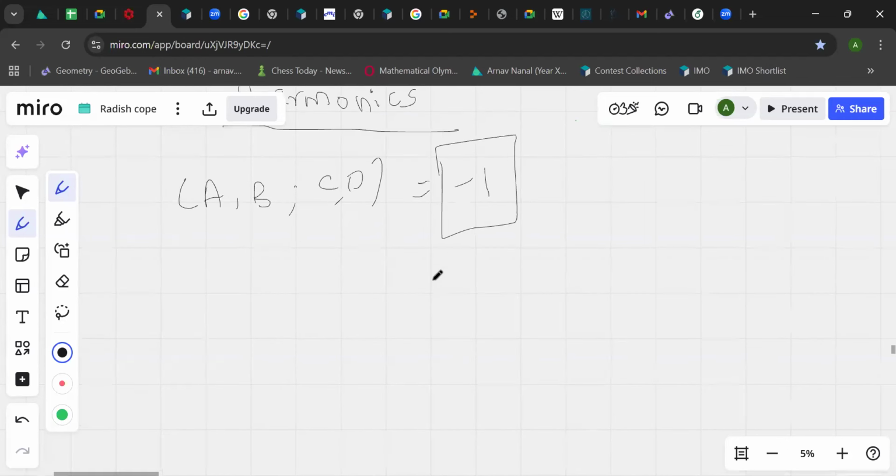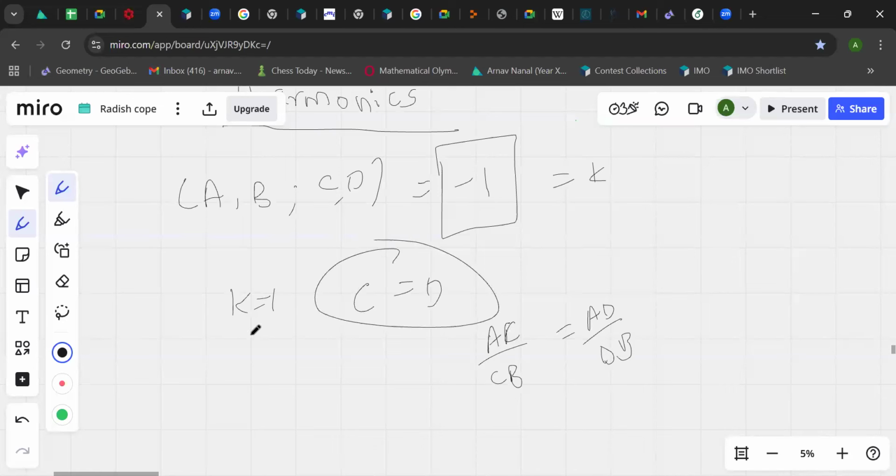Why is -1 specific? If you take k equal to 1, you get cases like C equal to D, because you get that AC upon CB is equal to AD upon DB. There is a unique point which divides segment AB in a fixed ratio, so you'll get C equal to D. It's not really interesting at all.